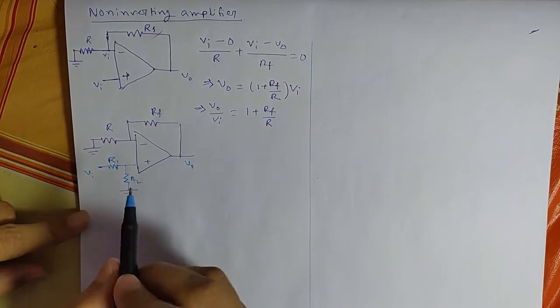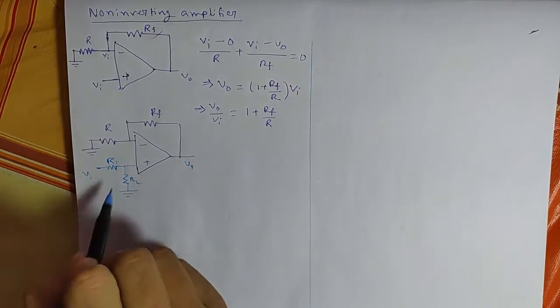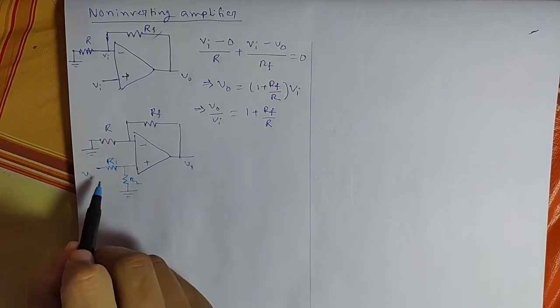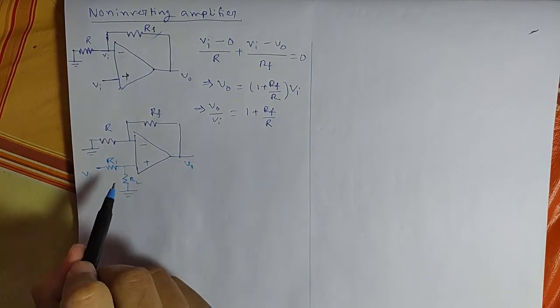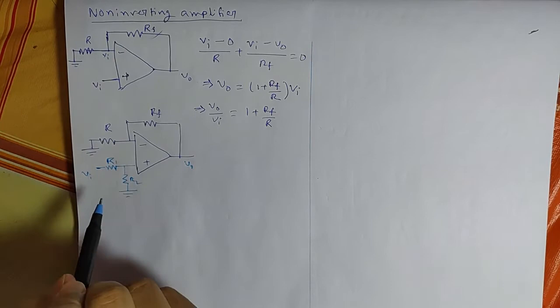We do this to avoid any damage to the op-amp: we do not apply the input directly, rather we apply input through a voltage divider.